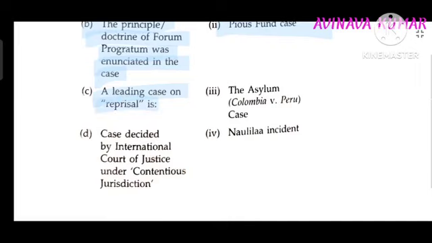Leading case on reprisal is the Naulilaa incident. Case decided by the International Court of Justice under contentious jurisdiction: Asylum case, Colombia versus Peru.